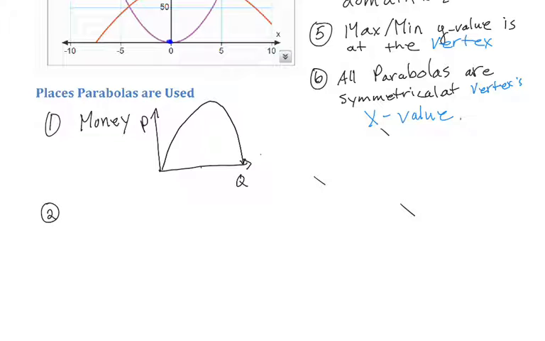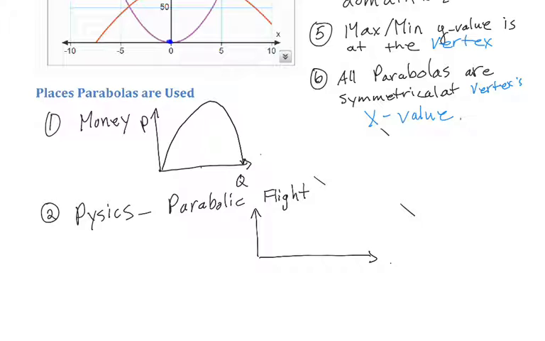Now, when we're talking about physics, we talk about parabolic flight. When we're talking about parabolic flight, we're literally talking about things like taking a ball and kicking it.